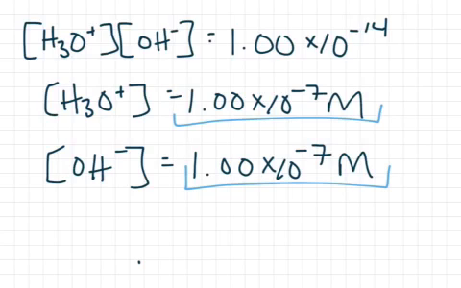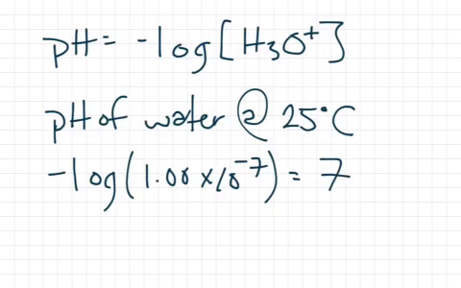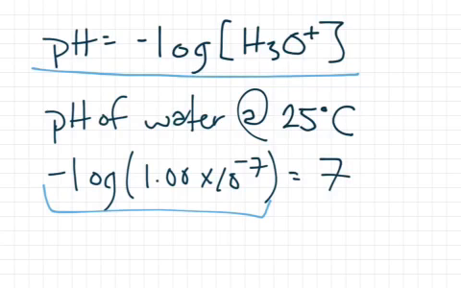This is an important concept because this is how we figure out pH. pH is a description of how far away the molarity of hydronium is from 1 molar. The equation we need is pH equals the negative log of the molarity of hydronium. So the negative log of 1 times 10 to the negative 7 molar is the reason why water is considered neutral.